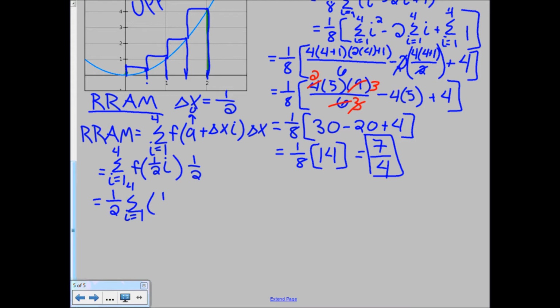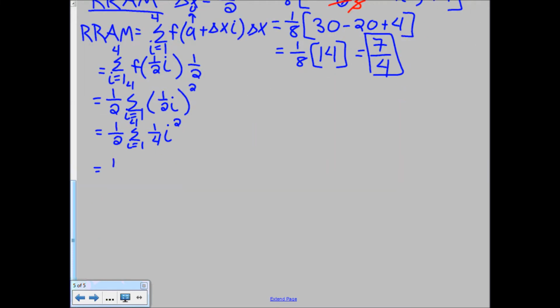So we're going to plug 1/2 i into f and get that this is 1/2 sum from 1 to 4 of 1/4 i squared, which if we pull out that 1/4, we're going to get a 1/8 out front again, times the sum from 1 to 4 of i squared.